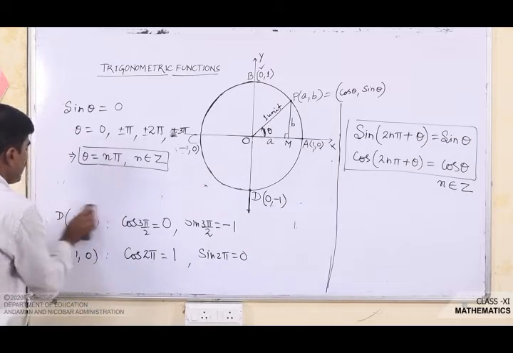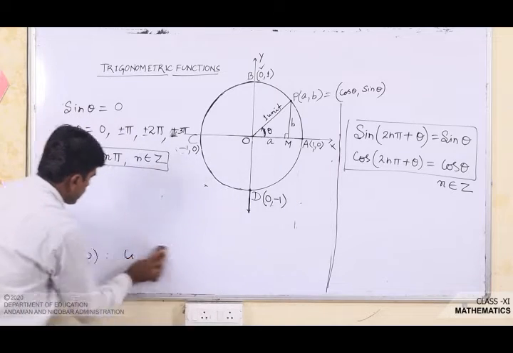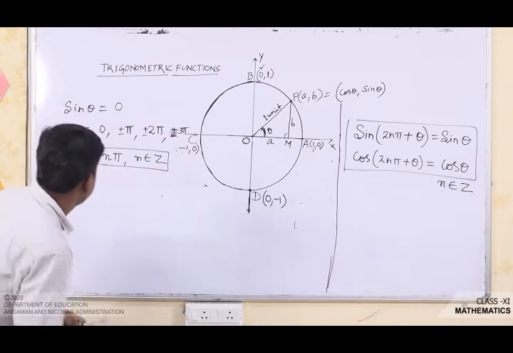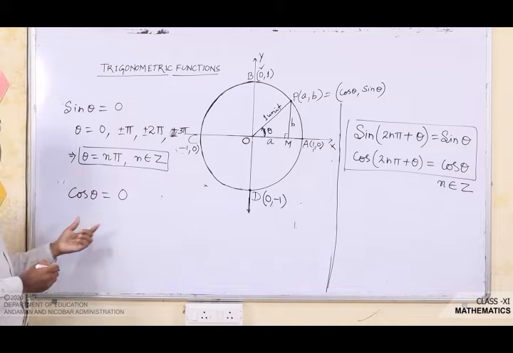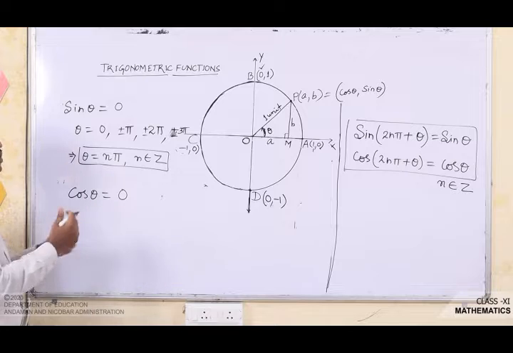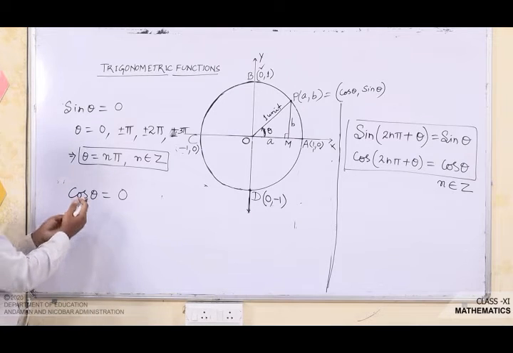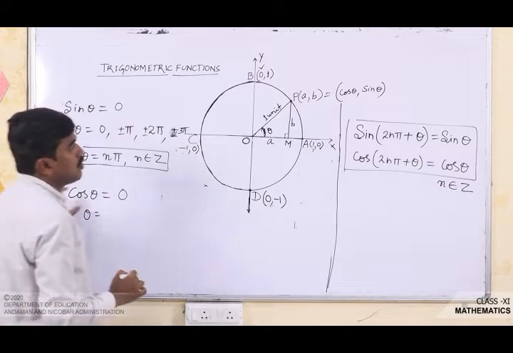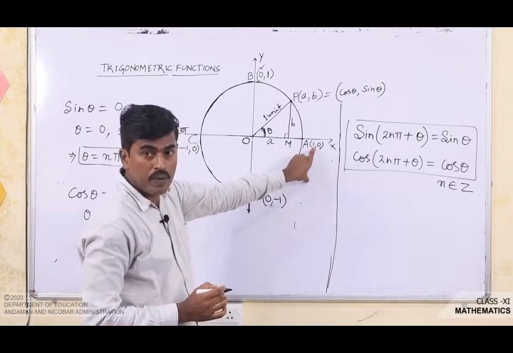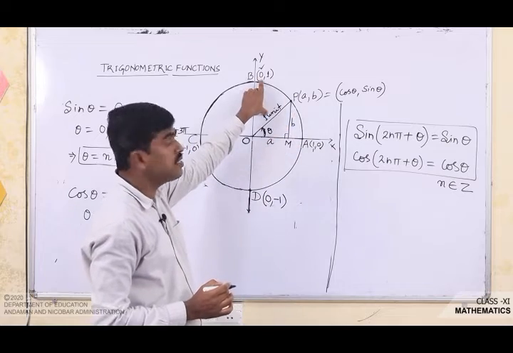And if the equation is of the form cos theta is equal to 0, what about theta? Theta is in radians now. Here cos theta is 1, but here cos theta is 0.